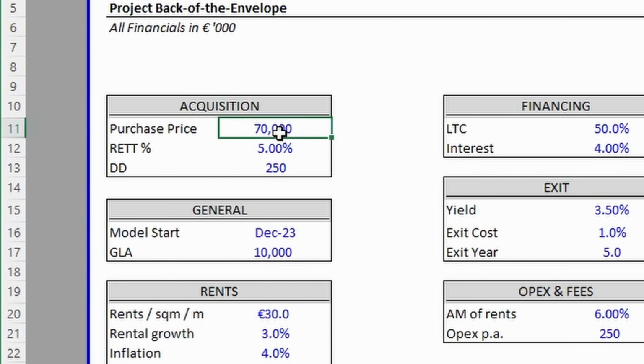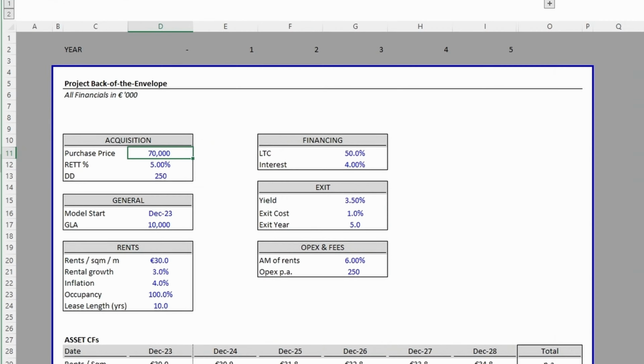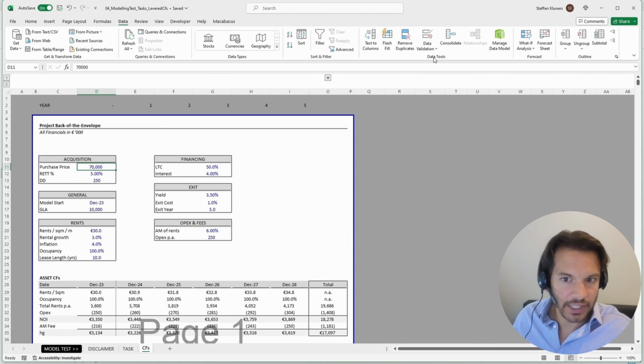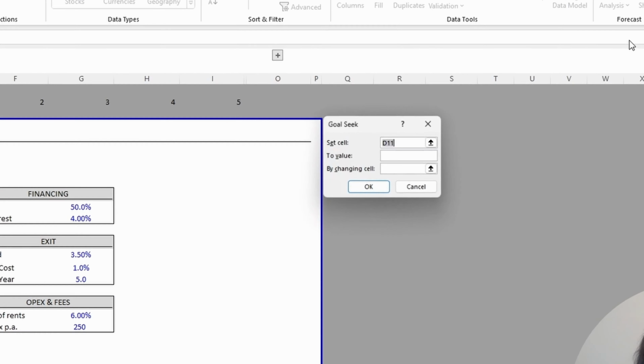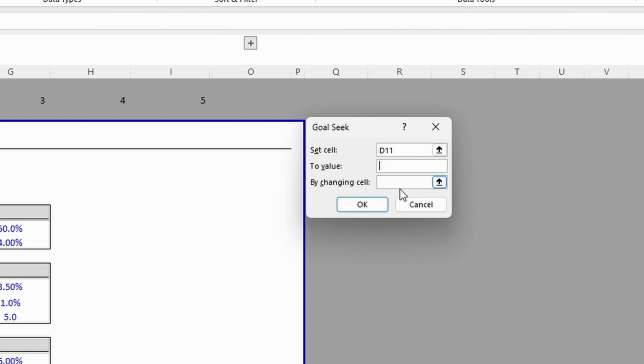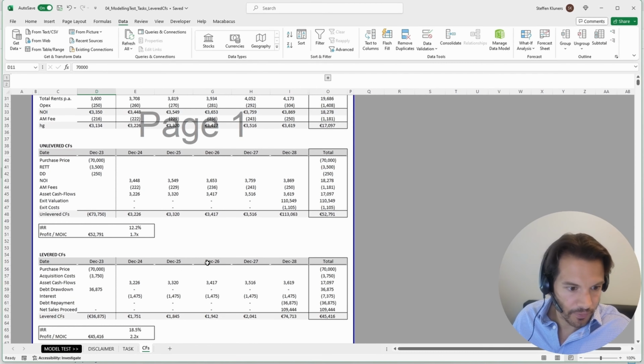Or we can be a little bit quicker and go to Goal-Seek, and we can do this by going to Data, What-If Analysis, Goal-Seek. We select the cell that we want to Goal-Seek, which in this case is the target return.